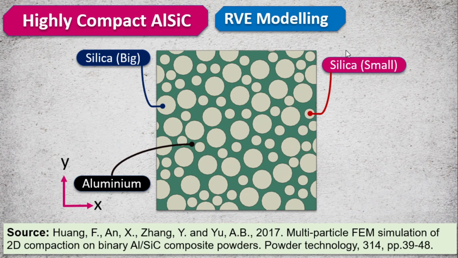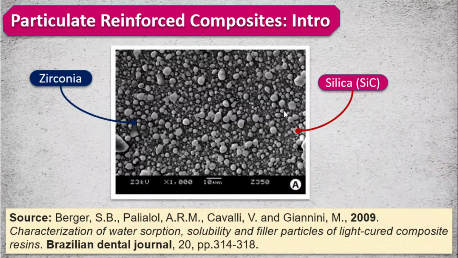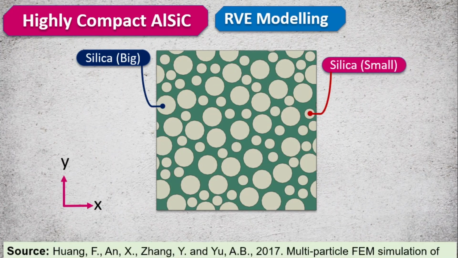This is why, if you go back to the micrograph, you would see big particles and tiny particles, and that creates this compaction, therefore making for a high volume fraction of inclusions, enhanced properties, and a highly compacted composite. So this is what we are going to be looking at in this video.